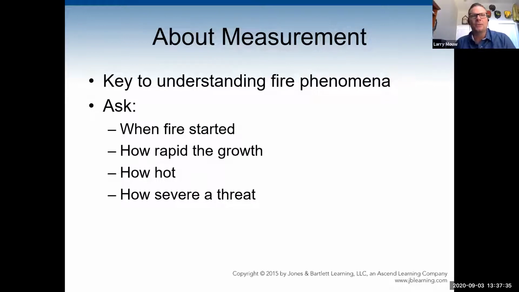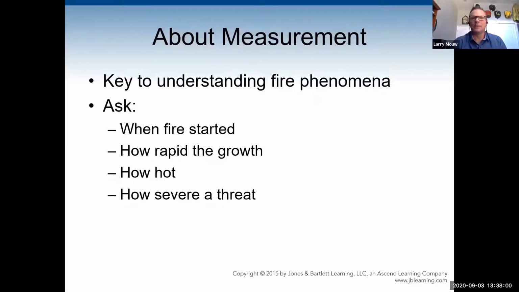Some things about measurements. It's one of the keys to understanding fire phenomena. We talk about a lot of different variables, a lot of different things in fire. And so if we understand what these measurements mean, it's going to help us better understand what fire is. So some of the things that we can ask: when did the fire start? There we're dealing with the measurement of time. How rapid did the fire grow? Again, dealing with time.